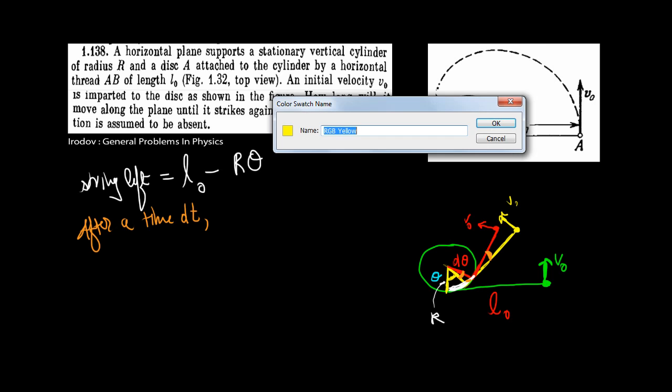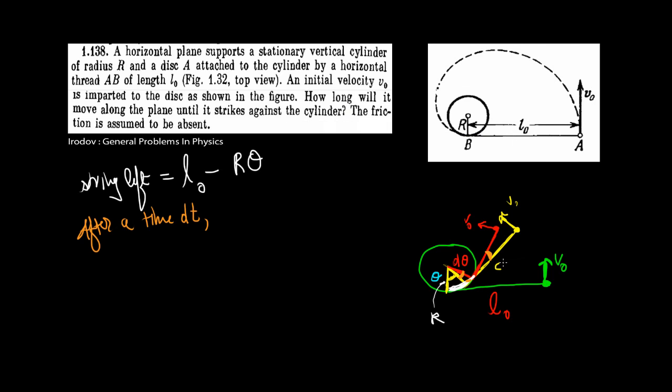That angle is also d theta, because if this is a circle and there are two radii like this, and this is the tangent for the first radius and this is the tangent for the second radius, then this angle is equal to this angle.